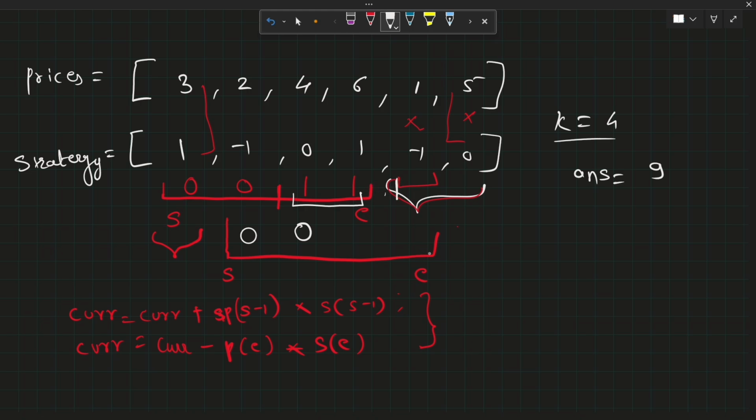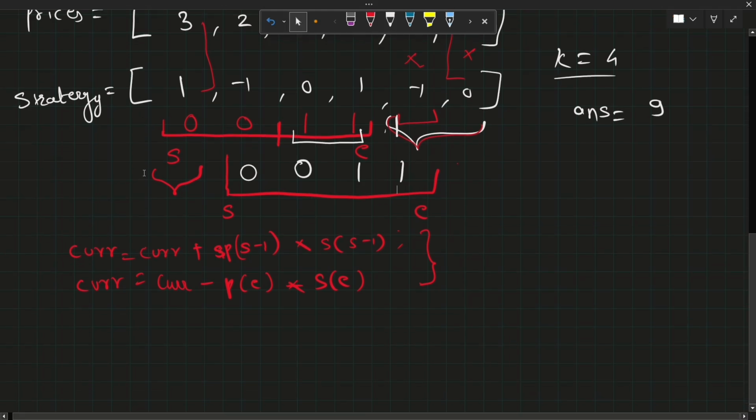Because this end is moved ahead, we will require a 1 here, and since one extra one is added, we will make the starting one as 0. So again we will have half of the starting element as 0 and half of the ending element as 1.